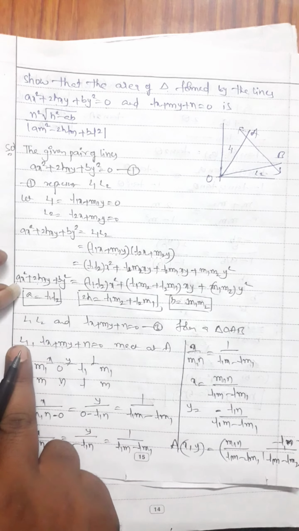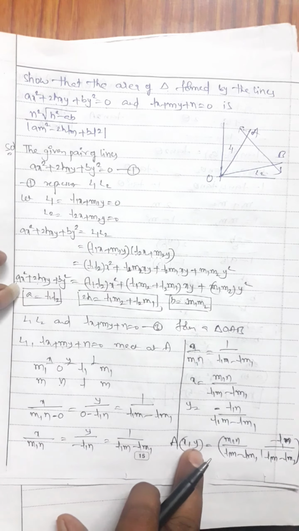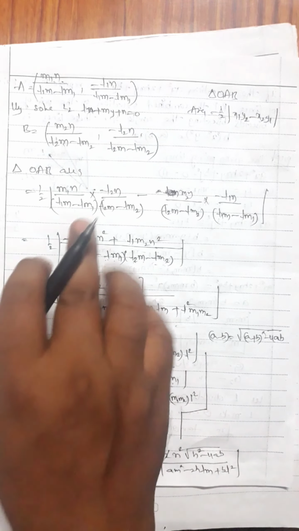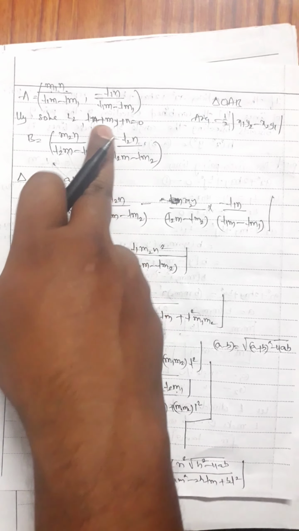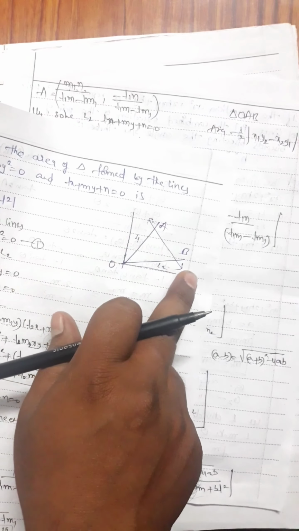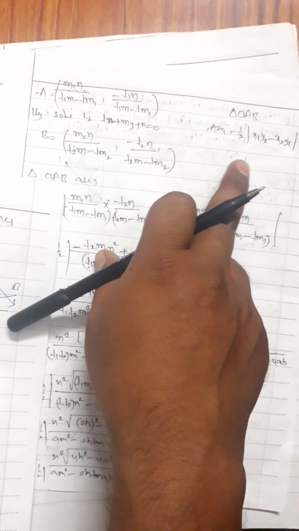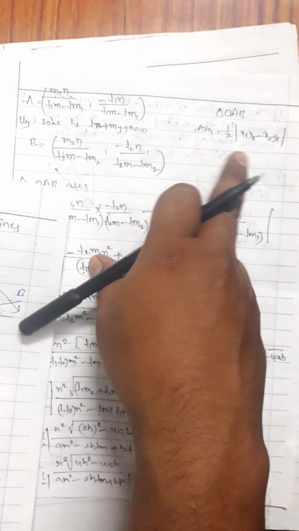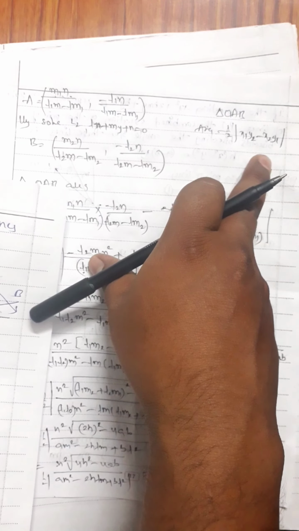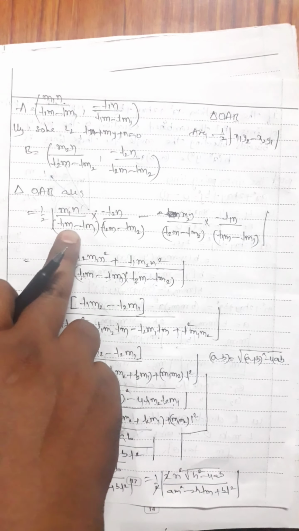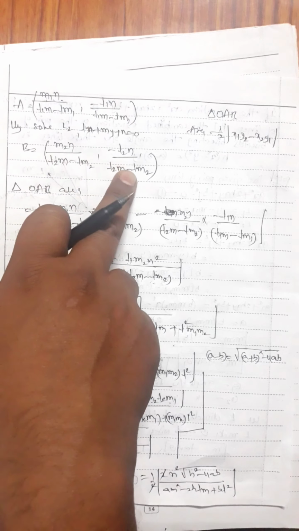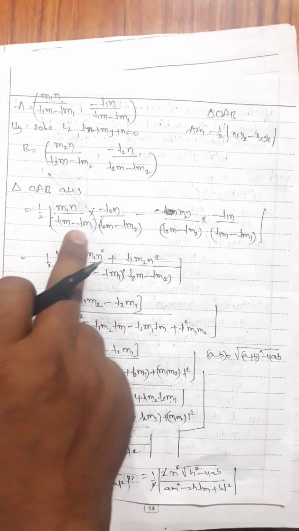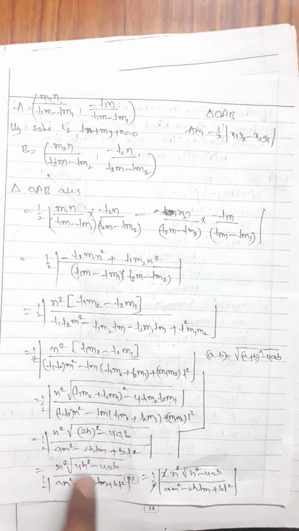If you solve L1 and the third line, we get the point A like this, and similarly if you solve line L2 and the third line, we get the point B. Once we have point A and point B, we apply the formula for the triangle area: area of OAB is 1 by 2 mod of x1 y2 minus x2 y1. Here x1 is this term, y1 is this term, this is x2, this is y2. If you substitute those values in the formula and solve, we get this answer.